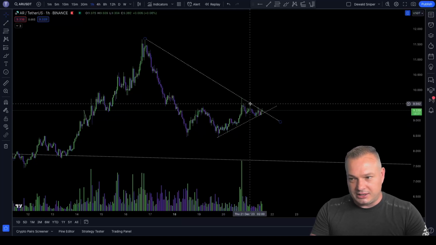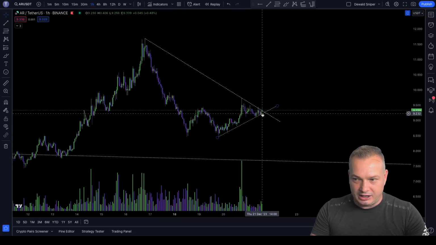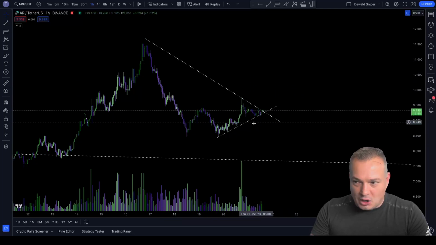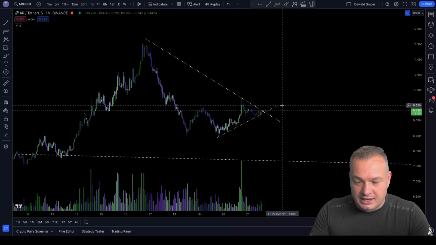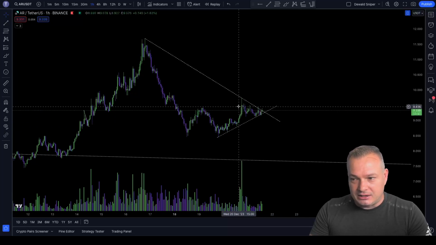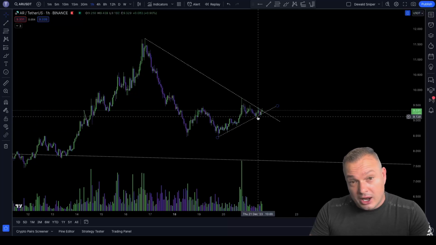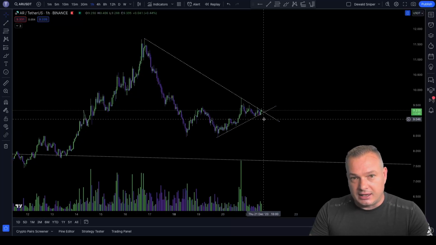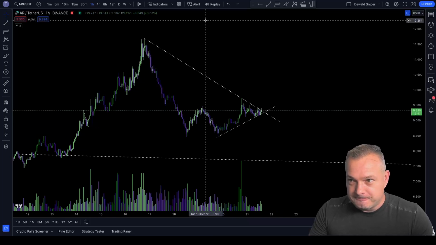And now we're currently consolidating against this trend line again. Will we see another breakout? I also included this little home line, if you would like to call it that, to say that any test back into this home line is either a great buying opportunity, or the breakdown of this trend line is a get out and wait for another trading opportunity.